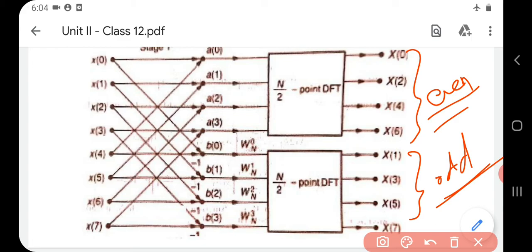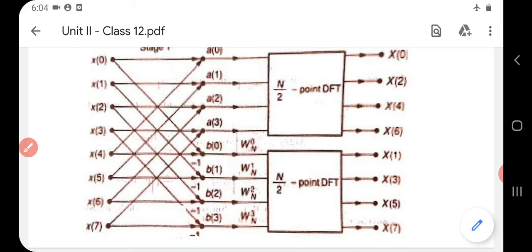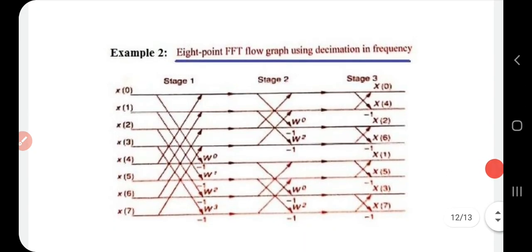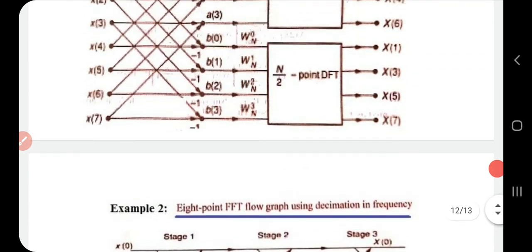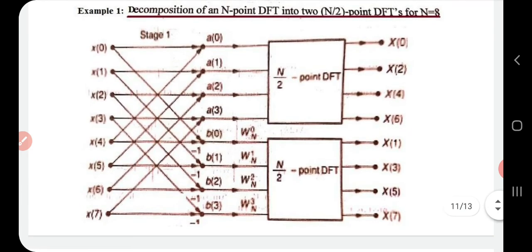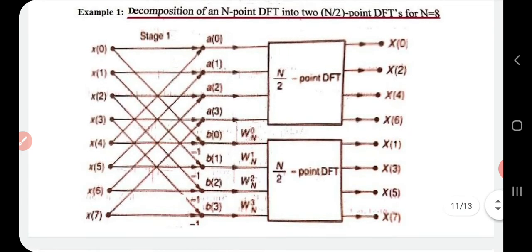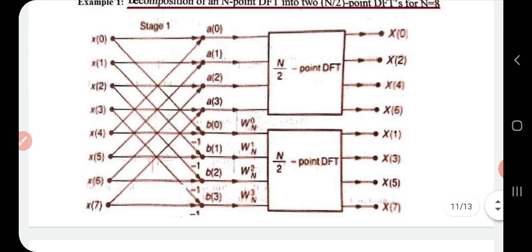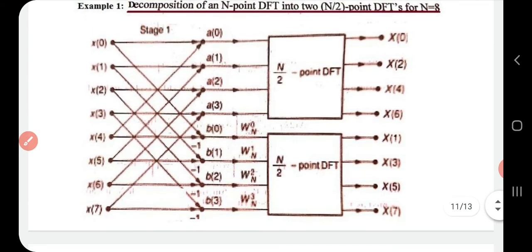So you are illustrating it with the help of a butterfly flow graph, and this is another one, the butterfly flow graph of FFT. There is nothing to explain in this diagram. Just go through it one or two times and you will understand the trick behind drawing it. It is nothing but understanding the concept. You are given an N-point sequence where N is equal to 8, so you have X0 to X7.